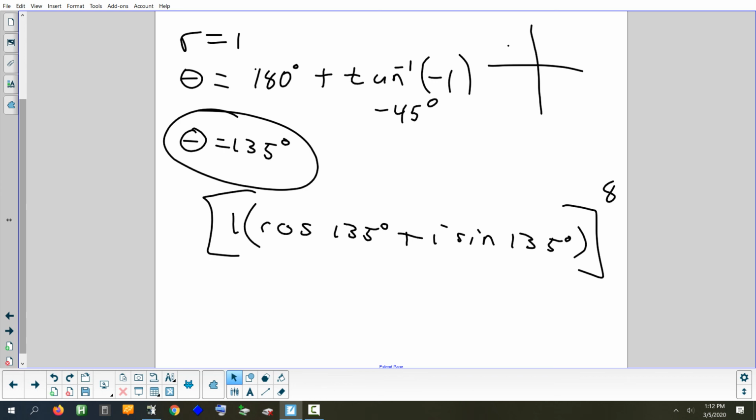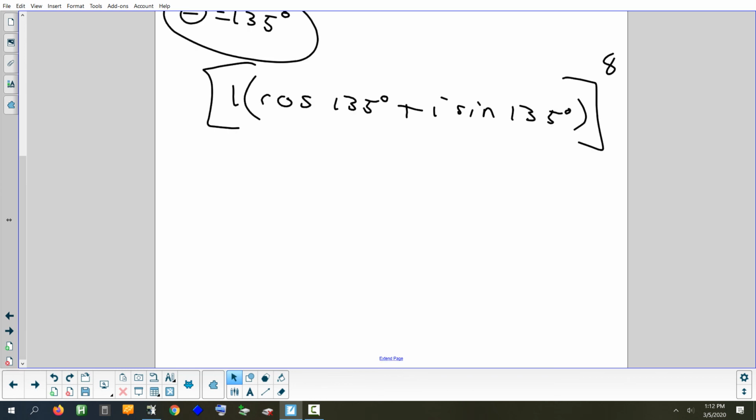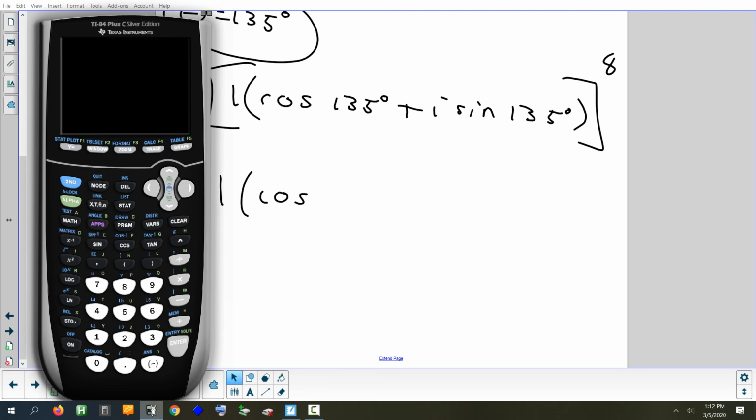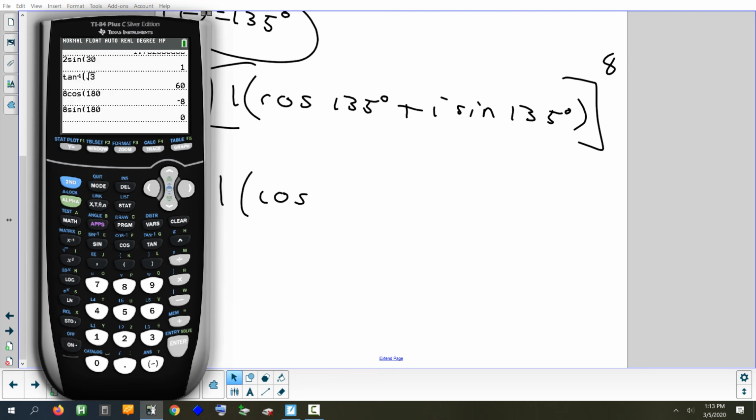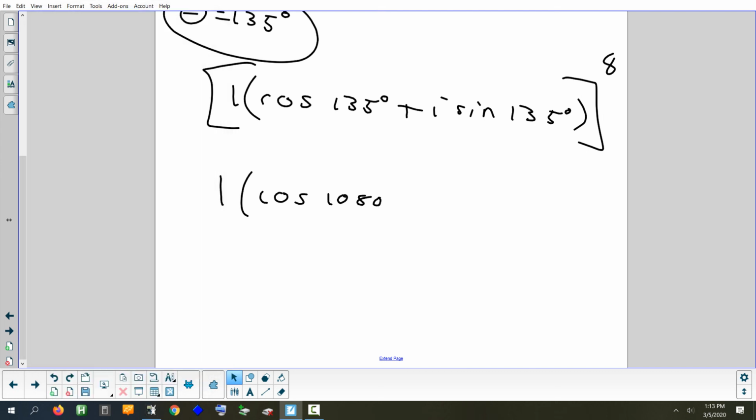What's going to be my radius when I raise that to the 8th power? 1. Still 1. Starts 1, it's always 1. And what's the calculation for my angle? 8 times 135. So that's going to be 1080.